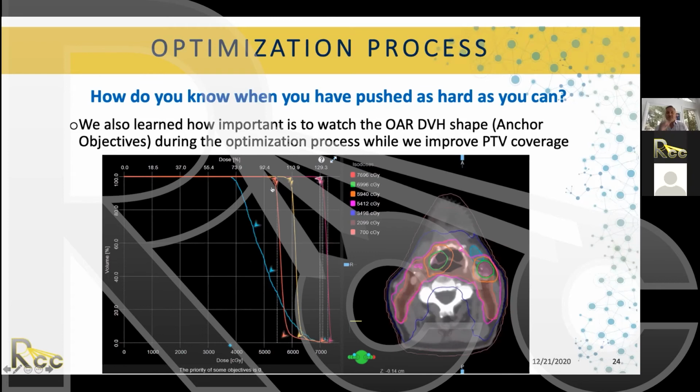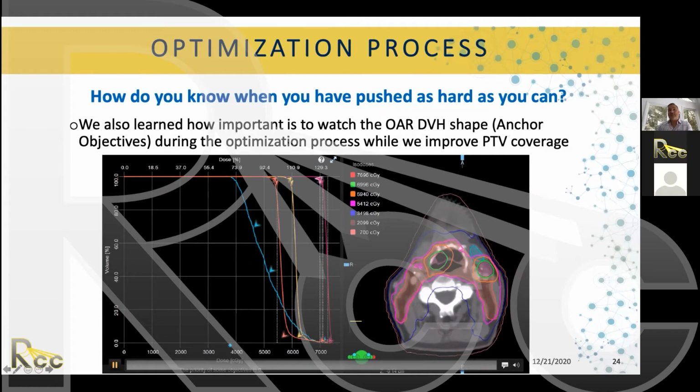Then lastly, we also learned how important it is to watch the OR DVH using these anchor objectives while you're trying to improve the PTV coverage. This is the other way around. Now I got a plan, I got all my ORs to the values that I wanted, but is my PTV coverage the best I can do?